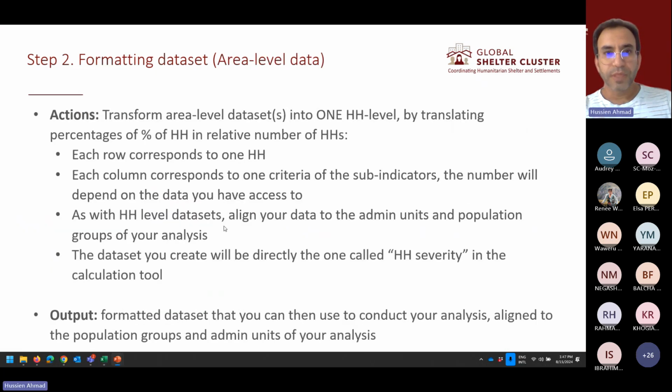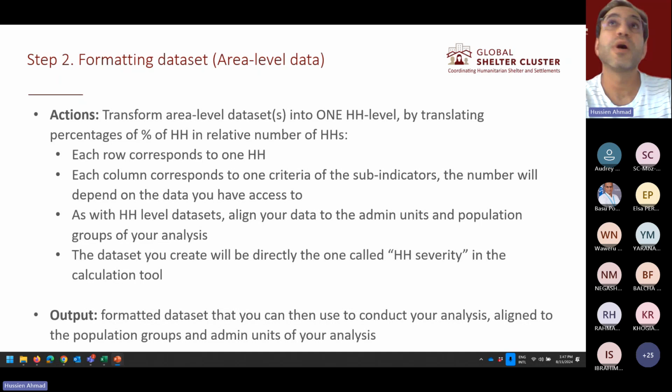Next step, no, before moving to the next step, I will move to the area level data. If we have area level data, what do we usually mean by area level data? If you have a key informant assessment or maybe observations, you will receive the information or the indicator as a percentage of households in this community or in this area facing this issue.